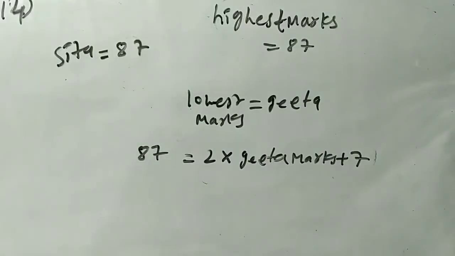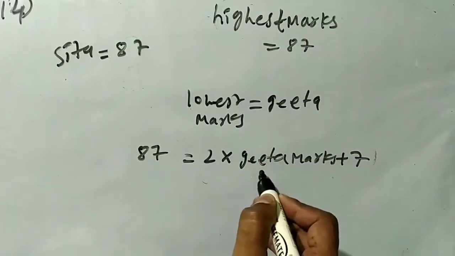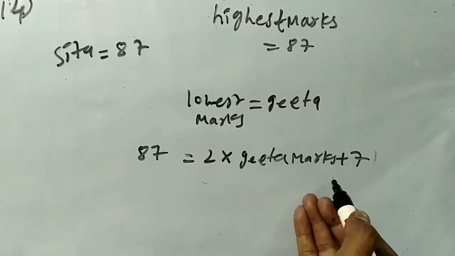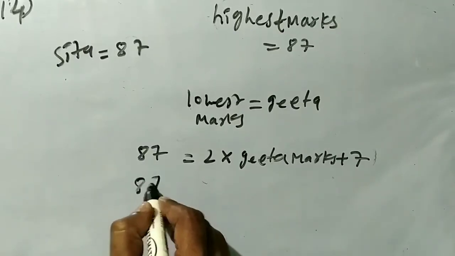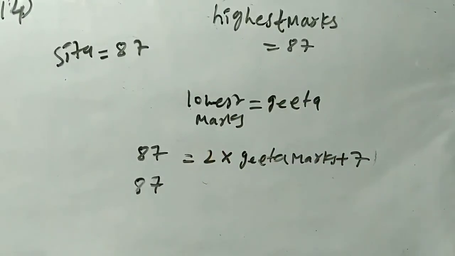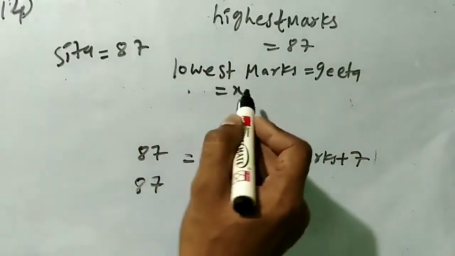So Sita's marks is equal to twice the lowest marks plus 7. We got the equation here. Let us think Geeta's marks is x. Consider the lowest marks as x, because we don't know the lowest marks, but we know the highest marks.